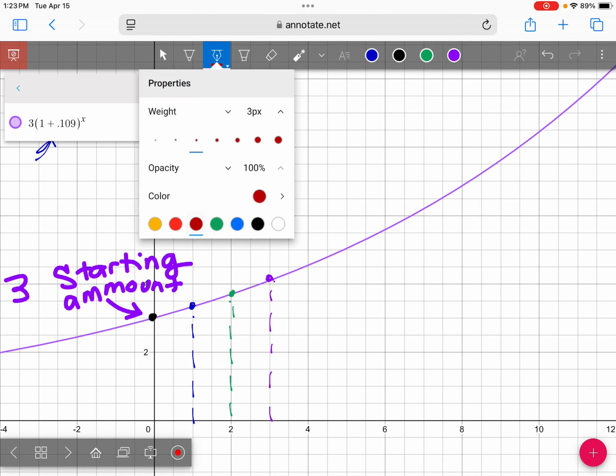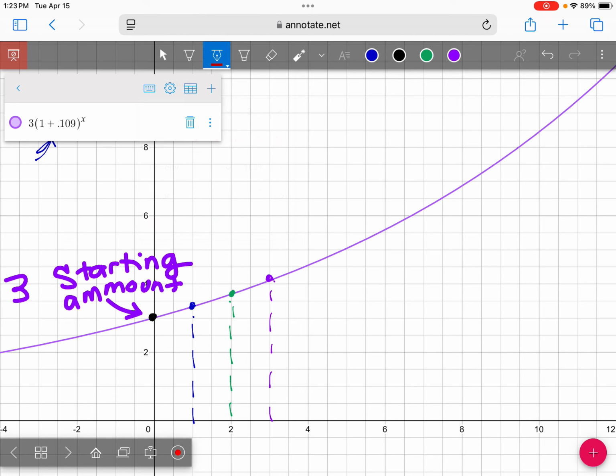So what are we looking for? What will it equal when we've doubled our population? 6. We started at 3, and 2 times 3 gives us 6. So how many months does it take to get to 6?